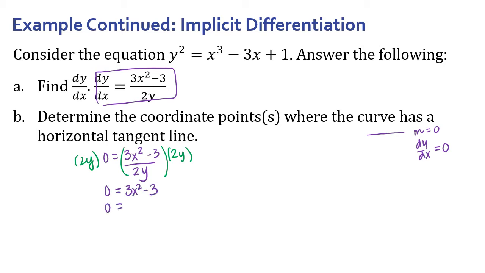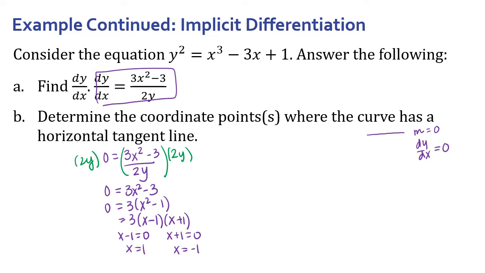So let's factor. We'll use that zero product property. We're going to factor that 3 out, and then that again can factor into 3 times (x minus 1) times (x plus 1). And then we can set each of these equal to 0. So I get x equals 1 and x equals negative 1.